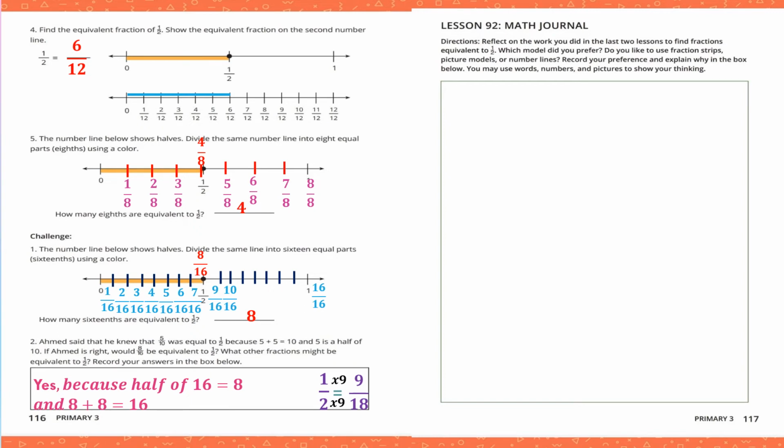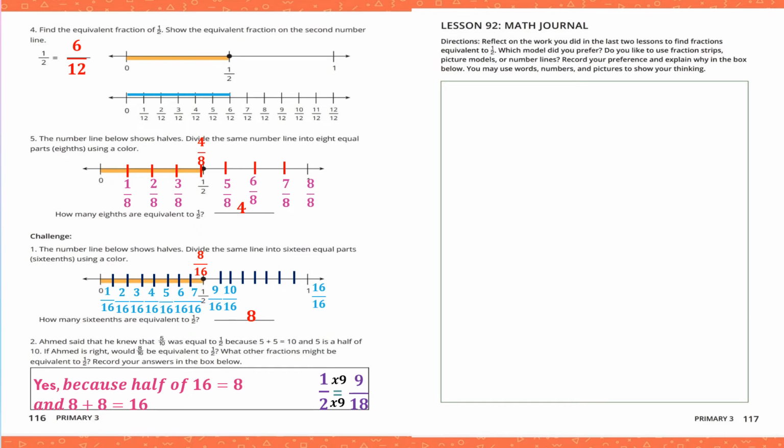The next page, Math Journal. Reflect on the work you did in the last 2 lessons to find the fractions equivalent to 1/2. Which model did you prefer? Do you like to use fraction strips, picture models, or number lines?